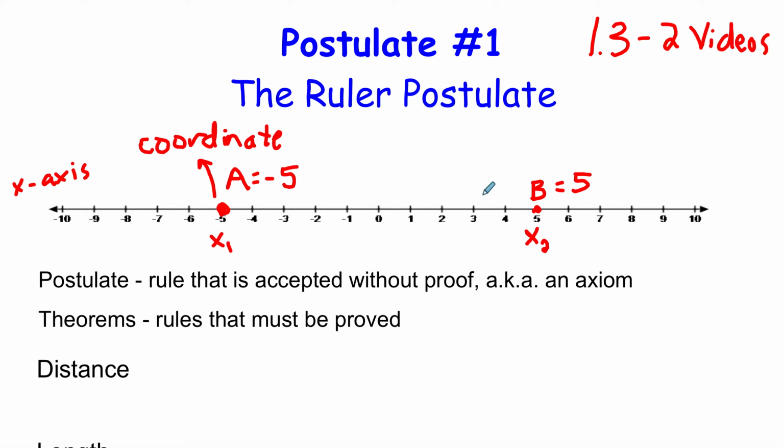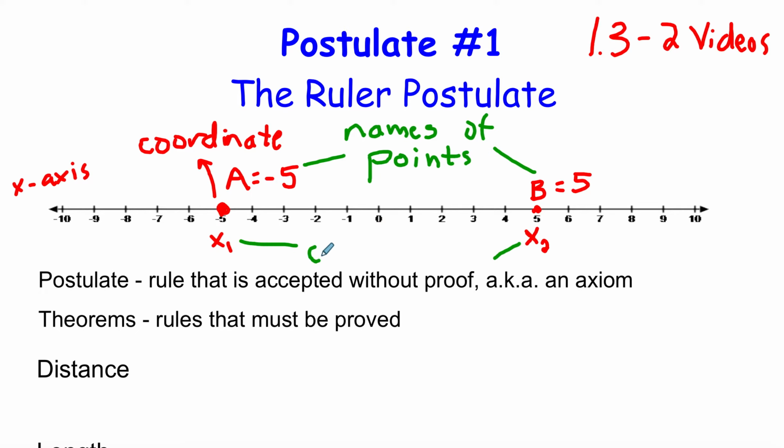But A and B are the names of the points. So I'll write that down. A and B are the names of the points, and x1 and x2 are the actual coordinates. But we can also refer to A and B as coordinates.